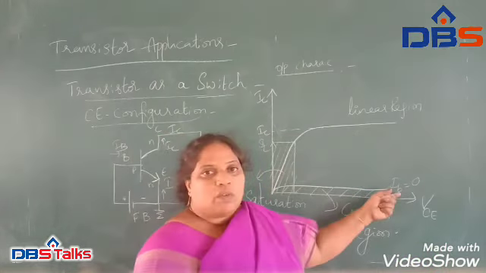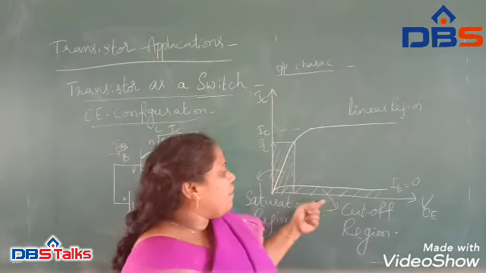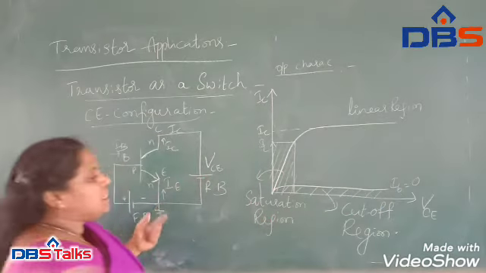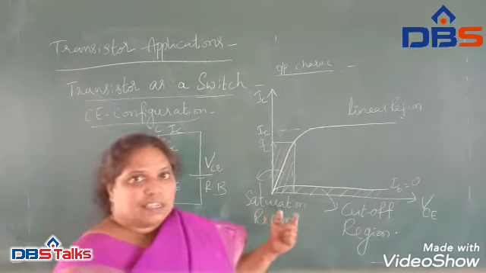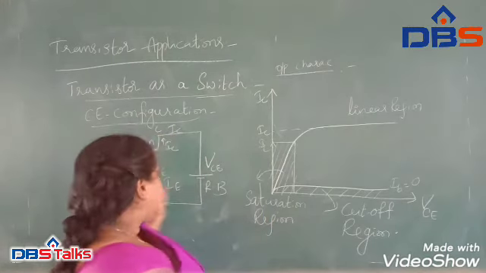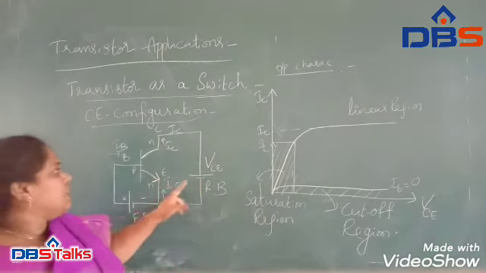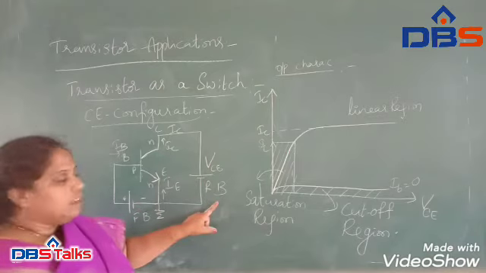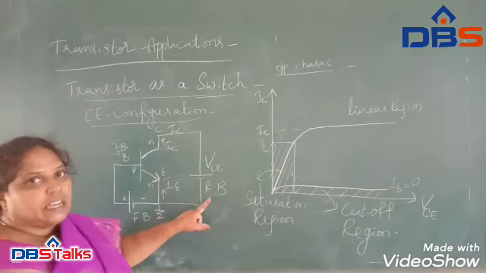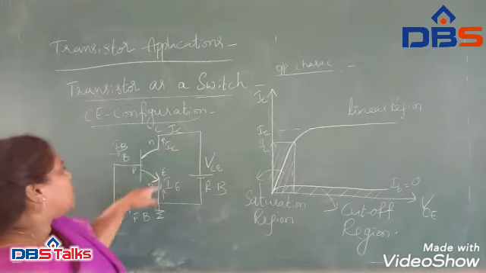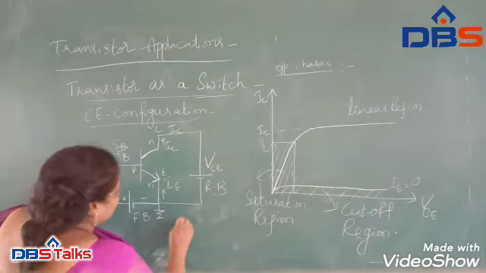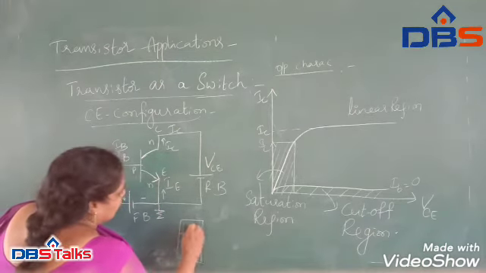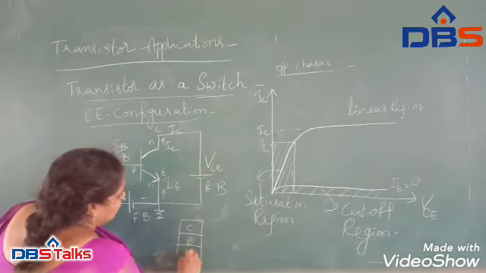IB equal to 0 means the cutoff region, where both junctions are in the reverse bias condition. In place of the transistor, we can see the junctions: collector, base, emitter.